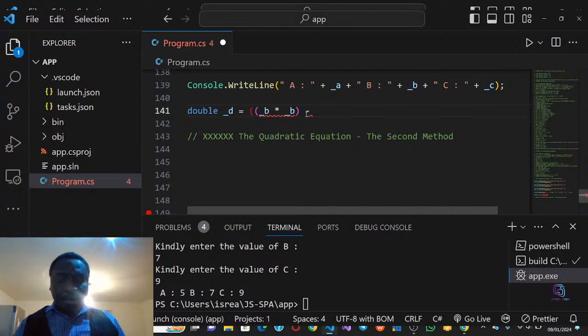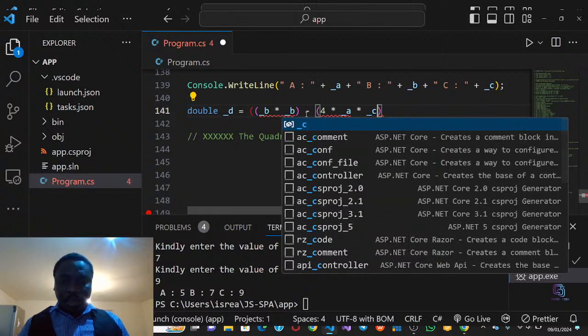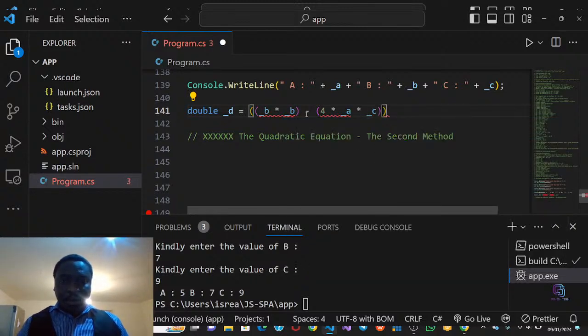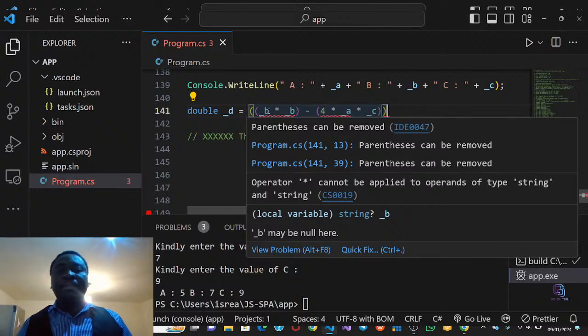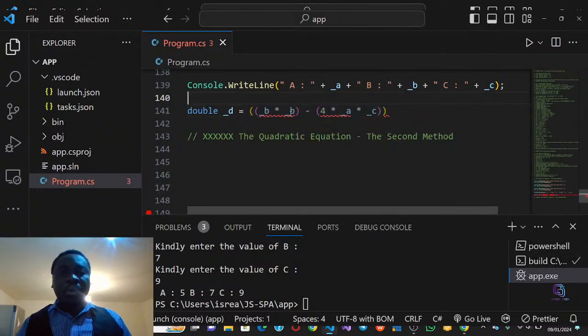Okay. Minus 4AC. So we already have this underscore B. It says parenthesis can be removed. So all they want is for the parenthesis to be removed.